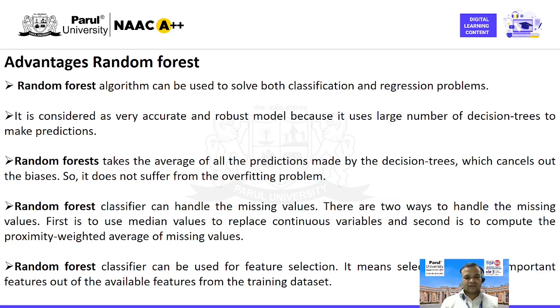That means the value that occurs most often in the data set, the proximity weighted average value, we can replace the missing values with this. The random forest classifier can also be used for feature selection. It means selecting the most important features out of the available features from the training data set.